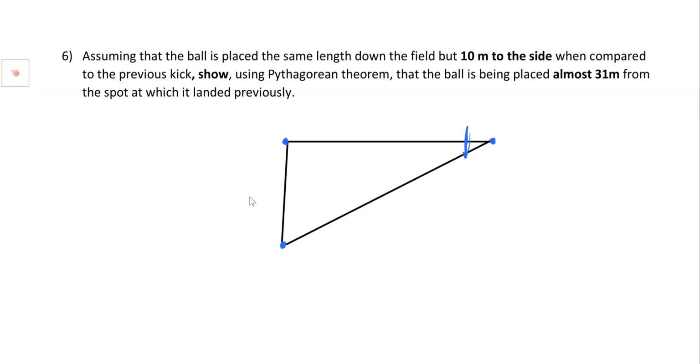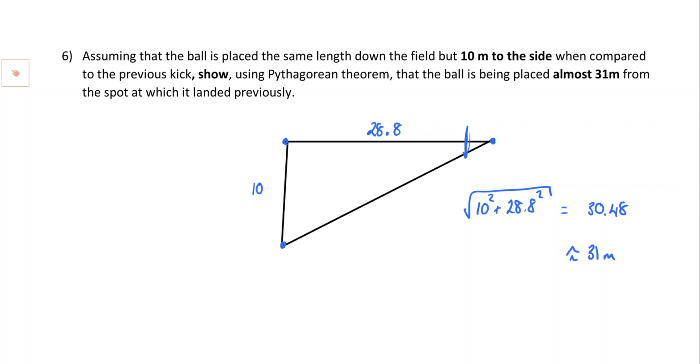So if we label a diagram, 10 meters, this distance we've already decided is 28.8. I even told you, which if I wanted to make it nasty, I wouldn't have told you use Pythagoras' theorem. All right. But you get 10 squared plus 28.8 squared, square rooted, and I think you get 30.48, something like that, which is approximately 31 meters.